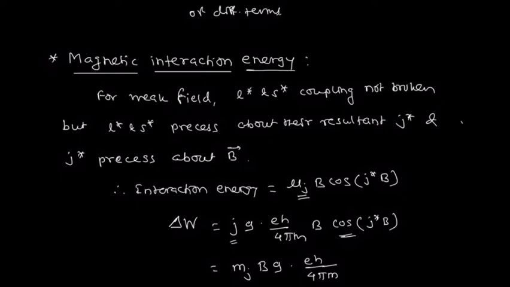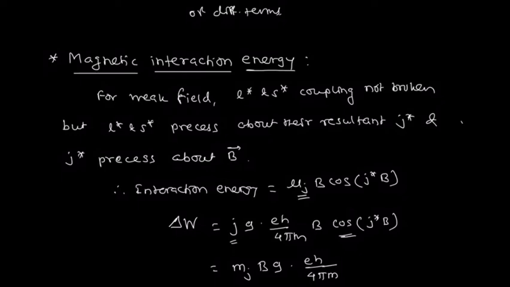Then what is the interaction energy, if the total quantum number J* precesses about the field B? The interaction energy gives the projection of the total magnetic moment on the external field direction.